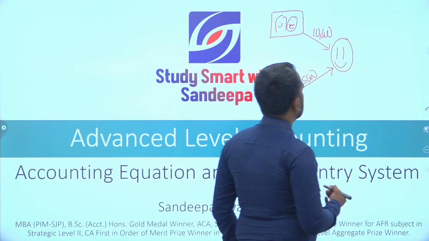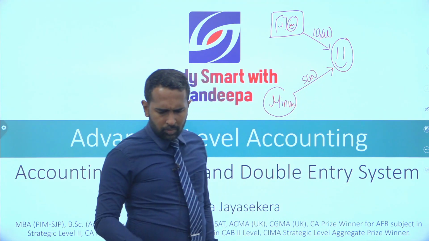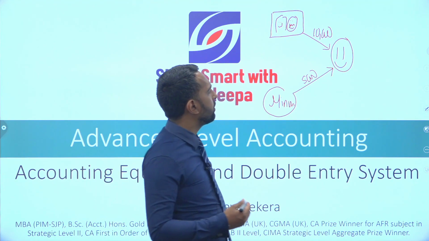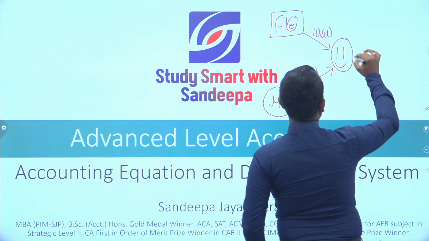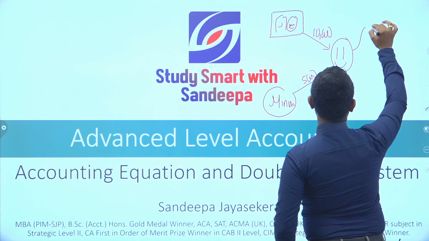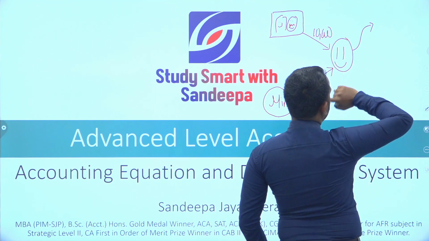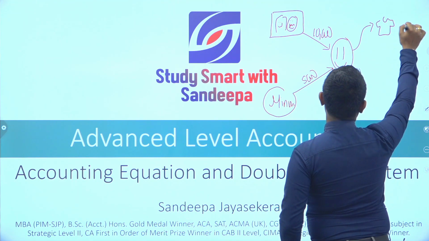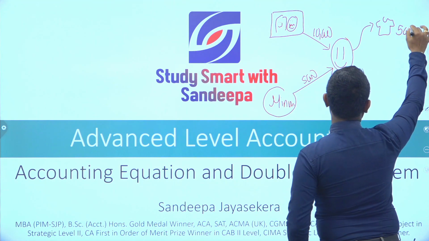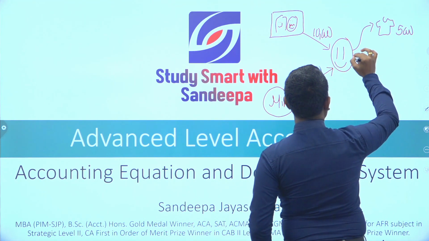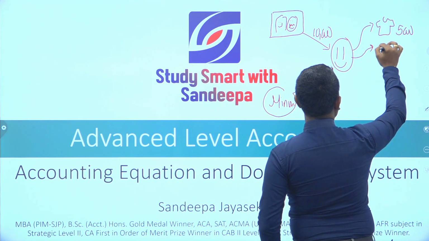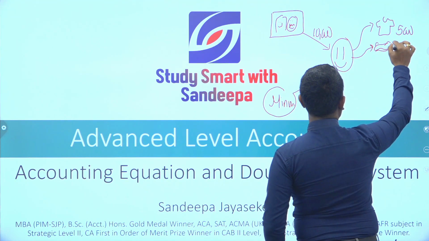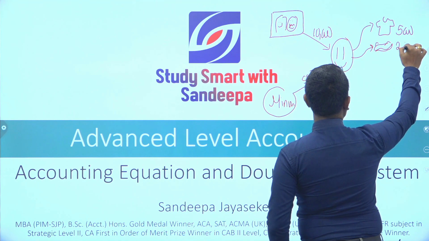By using this 15,000, let's say Ayomal is doing the following. Ayomal is purchasing a t-shirt, it has a value of rupees 5,000. Ayomal is purchasing a pair of shoes, it has a value of rupees 2,000.